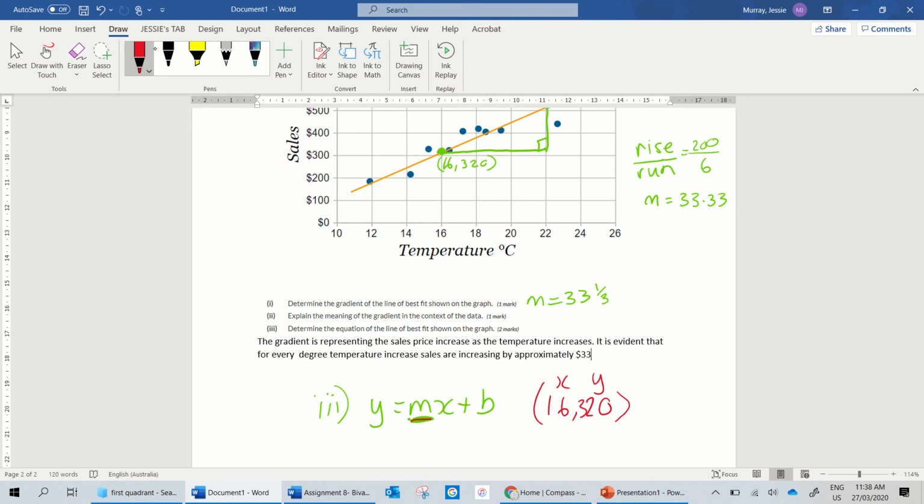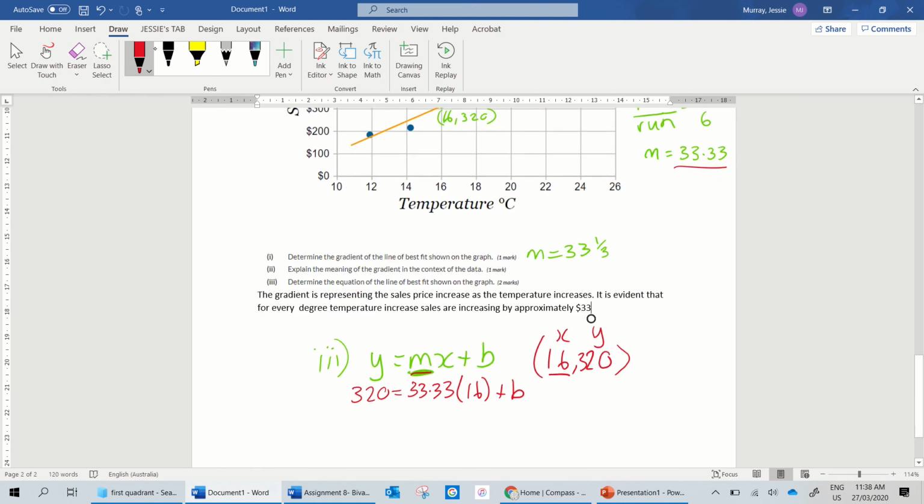So I could sub all those values in. 320 is equal to my gradient, 33.33, times x, which I do know, at 16, plus b. So b is the part that we don't know. And again, we can estimate that extension of that line, but we're working it out properly here.